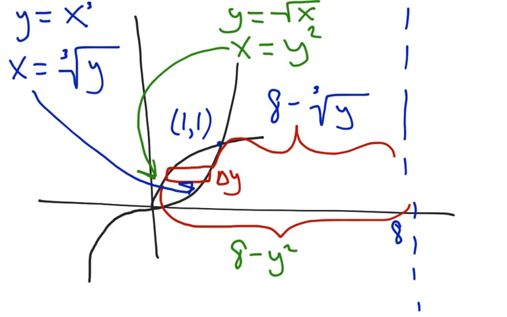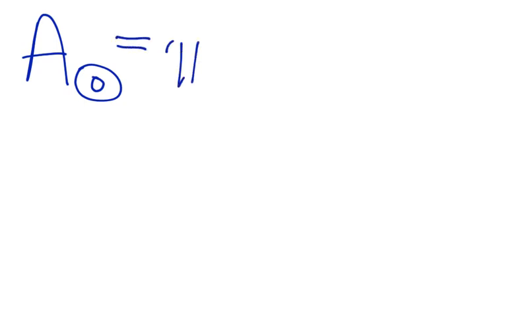And so now that we have our inner and outer radii, we can go ahead and find the area of the cross section. So our cross section is this washer that we've been dealing with, and so we're going to have pi times the square of the outer radius minus the square of the inner radius.